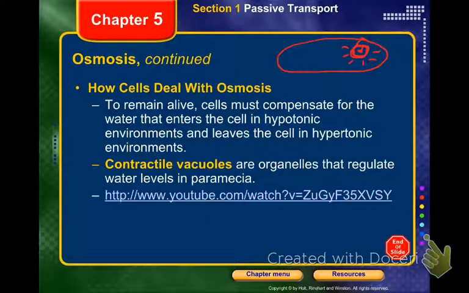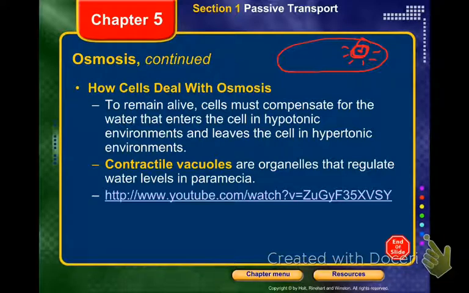As that vacuole fills up with fluid, with water, then it will contract, and when it gets to a certain volume, contract and expel the water out of the cell. So if the paramecium is put into a hypotonic solution, and so water is flooding into the paramecium, it has a way to get rid of that excess water so that it doesn't burst. We don't need contractile vacuoles, because how do we get rid of excess water?